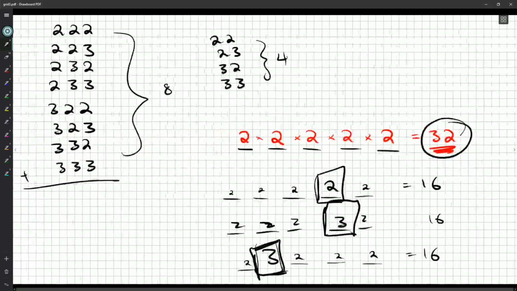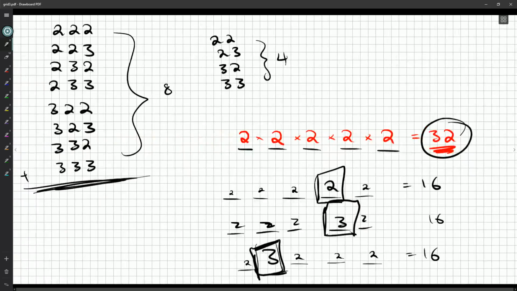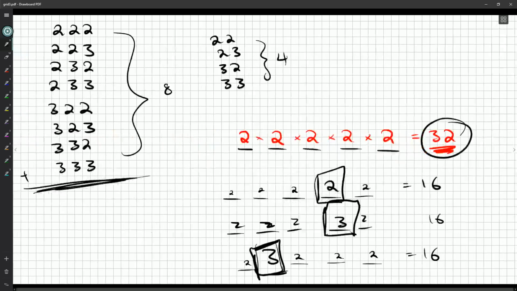Okay, suppose I wanted to add up all these numbers. We don't want to make a giant list and count them all up, although you could. You could get 32 numbers and add them up, but that's going to be a waste of time. What you could instead do is add them up as though we were going to write them out in a big column like this. We're going to add up all the ones digits, and then add up all the tens digits, and so on.